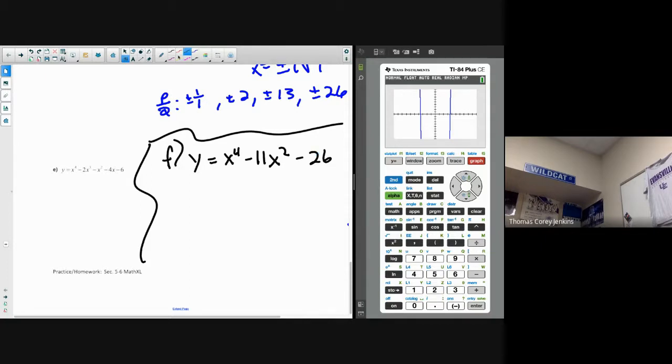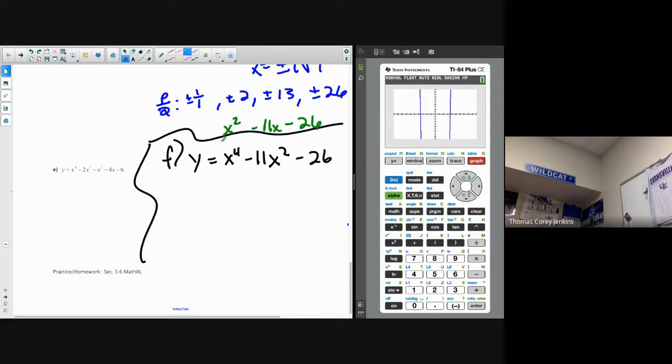Okay, so when you're factoring one like this, that goes from an x to the 4 to an x to the 2 to a constant, I would really highly encourage you guys to think about the similarities of factoring x squared minus 11x minus 26. Now, if I told you to factor that, most of you would know what to do.